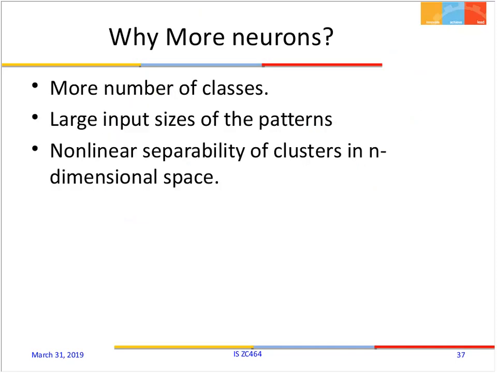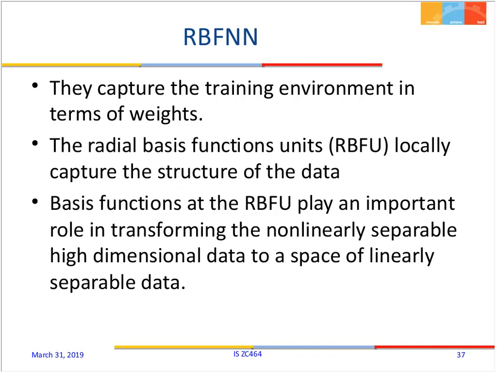So the question comes, why should we have more neurons? If we have a larger number of classes, if we have large input sizes of the patterns, and when there is nonlinear separability of clusters in n-dimensional space, then we need more neurons. RBFNNs capture the training environment in terms of weights.